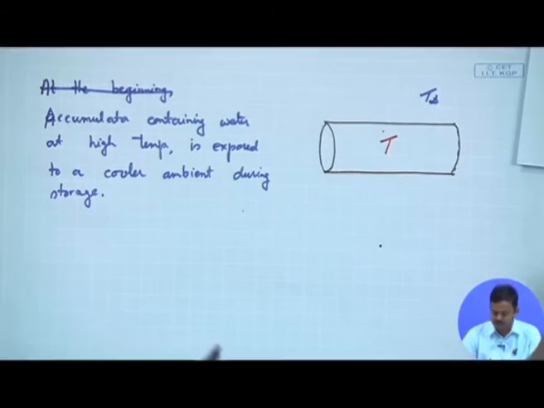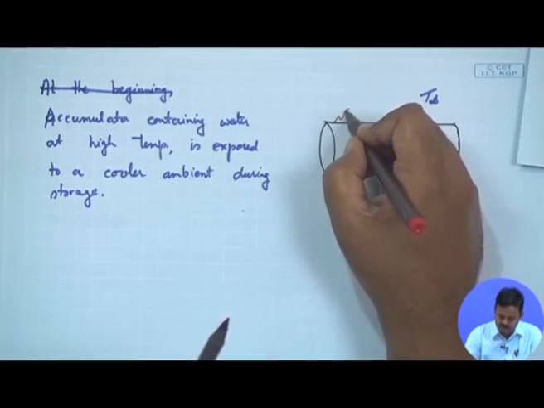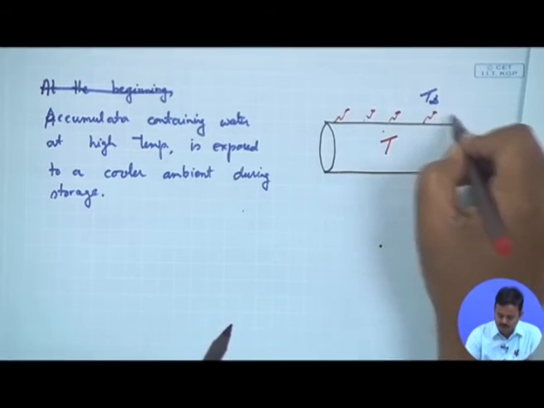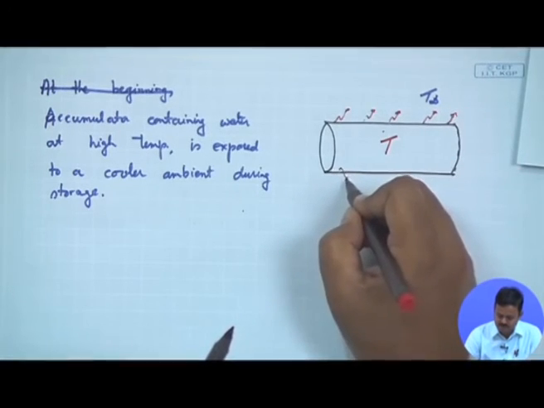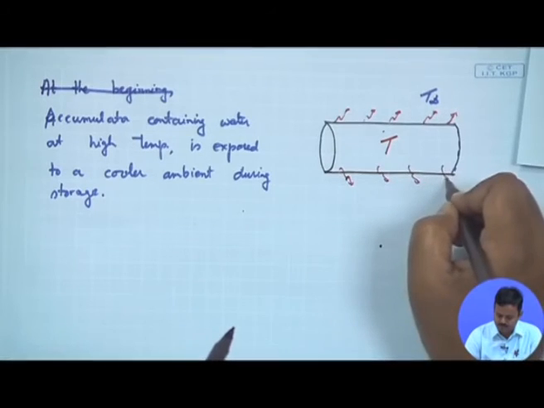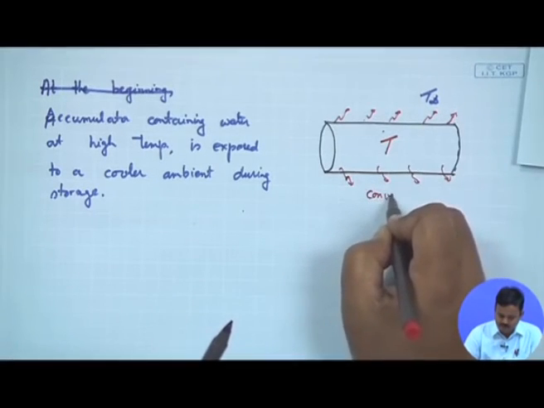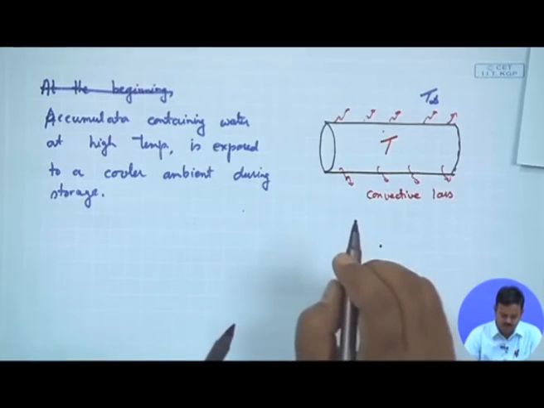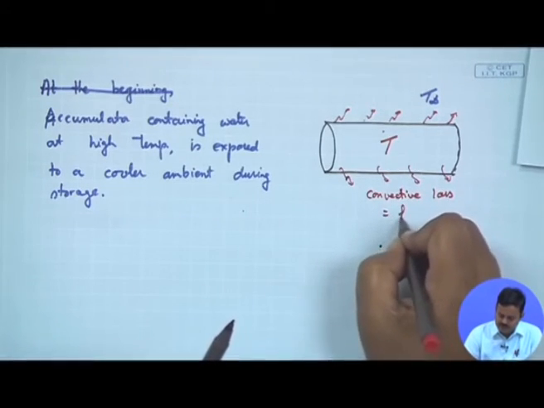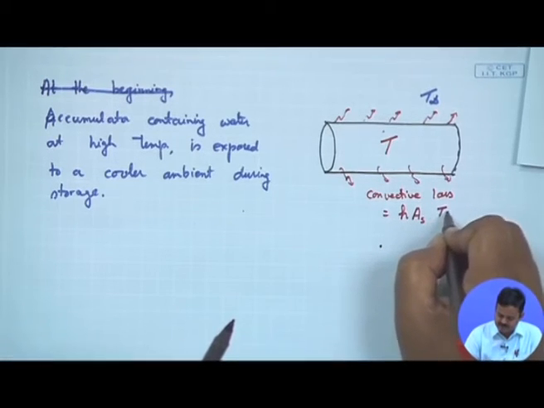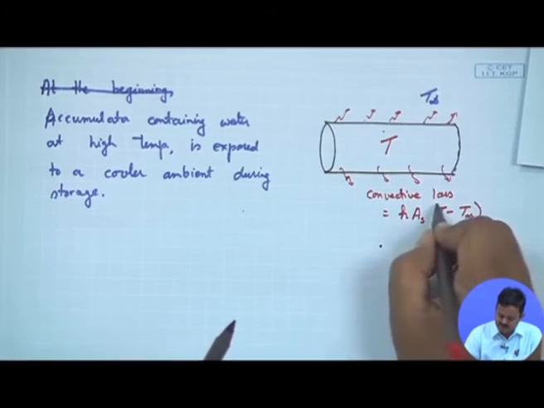So, therefore, what is going to happen? There will be convective losses from the surface, and that is going to be h A_s (T minus T infinity).